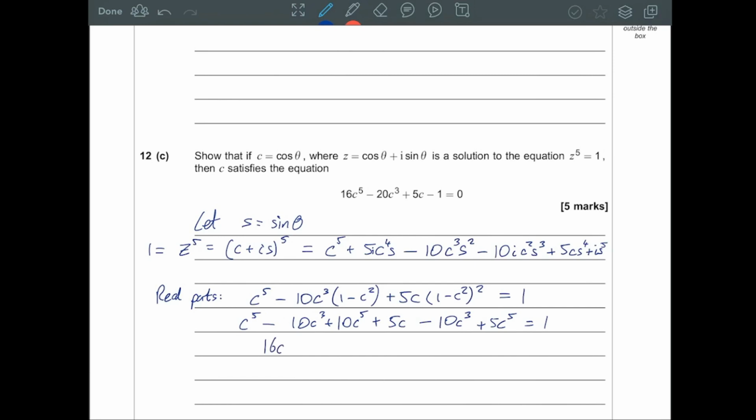That's 16C to the 5. I'm happy. Minus 10 and minus 10C cubed. Also happy. I've only got a single C term, and I can bring the 1 over as required. A very, very efficient 5 marks, if you're super comfortable with your Pascal's triangle and basic algebra.